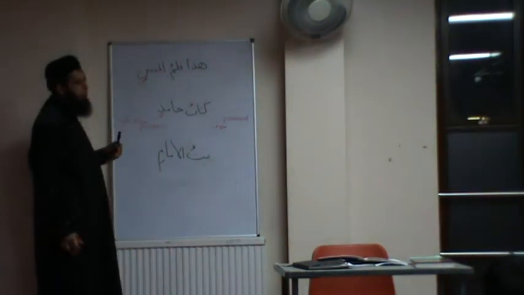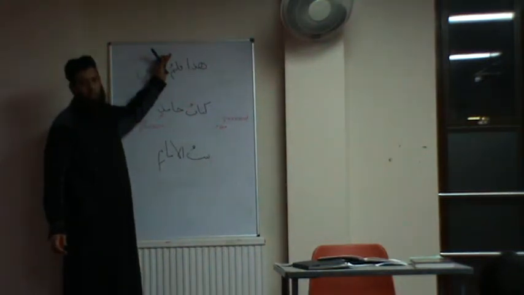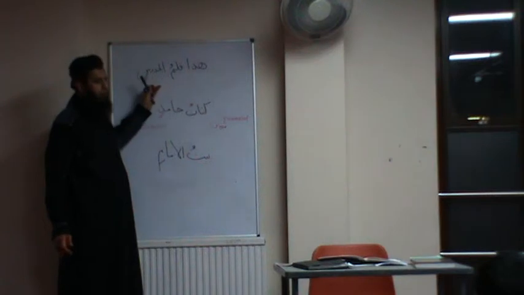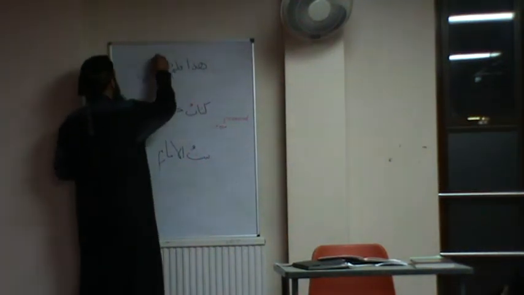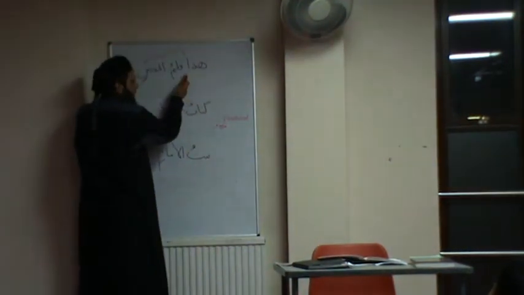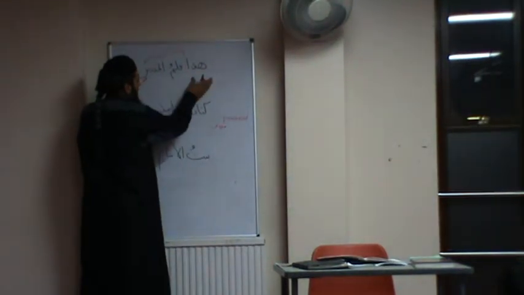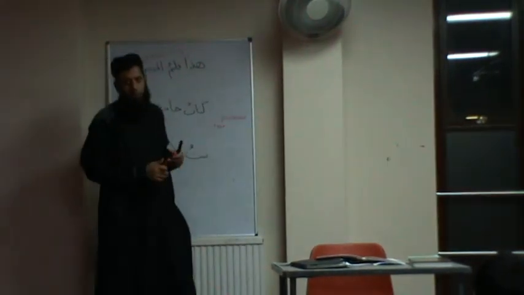So previously we only learned that hada qalamun means this is a pen. Now we are learning that the pen belongs to a teacher. So this qalamul mudarrisi is the second part of the sentence. Hadha, the subject, qalamul mudarrisi is the predicate.